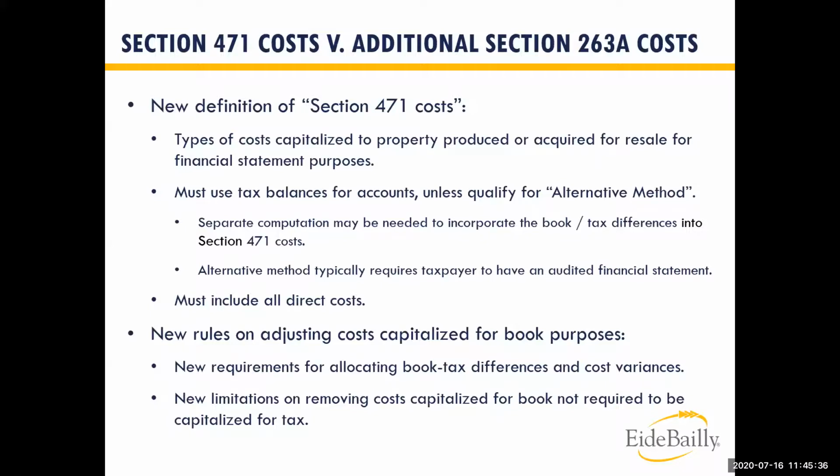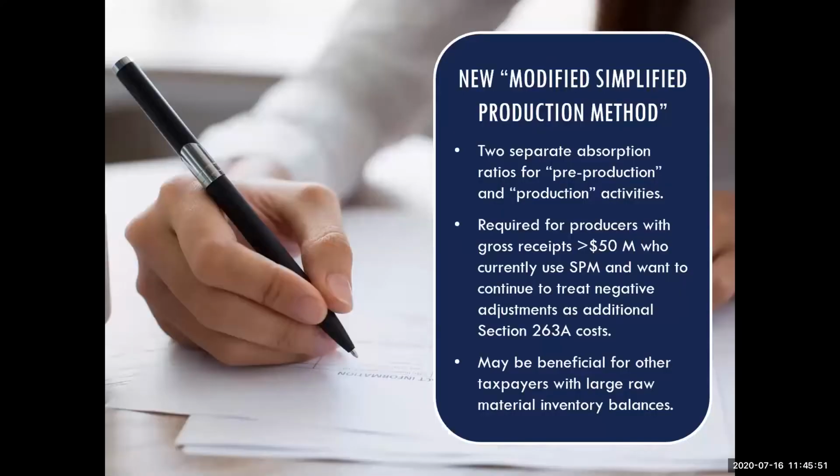It is very fact dependent figuring out what rules and options are available to you. But one of the more interesting developments here is a brand new modified simplified production methodology.